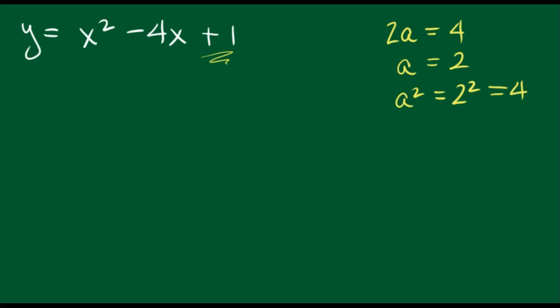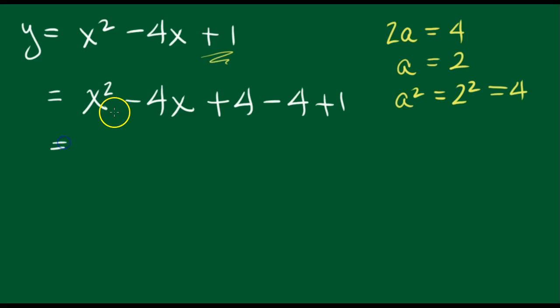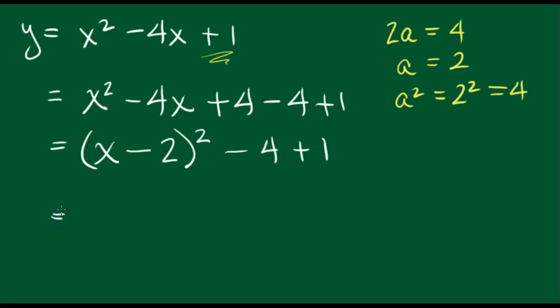So I'm going to add a very carefully chosen form of the number 0, plus 4 minus 4 plus 1. Okay. Now I can factor the part of it that's on the left into x minus 2 squared, and I have minus 4 plus 1 left over.